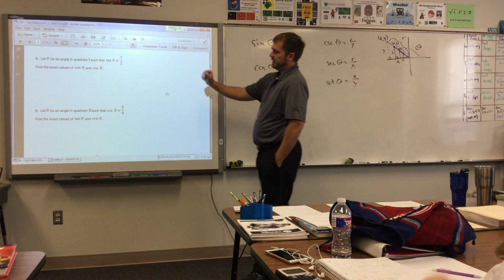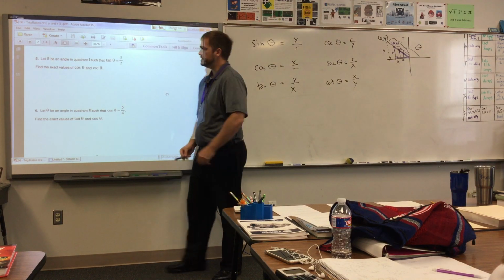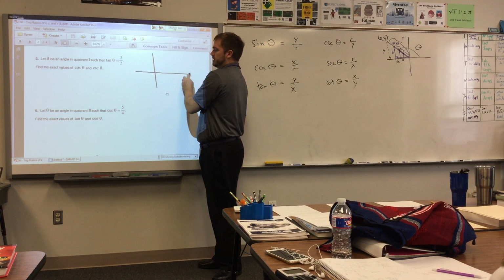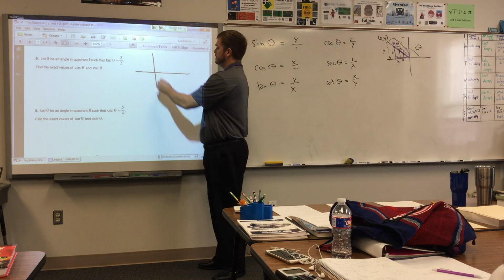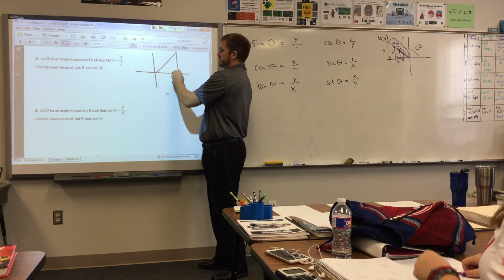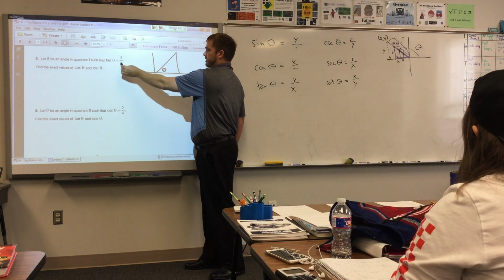So if we look at this problem right here, I think it's like what we solved yesterday. It says let theta be an angle in quadrant 1, okay, so quadrant 1, such that tangent of theta is 3 over 2.